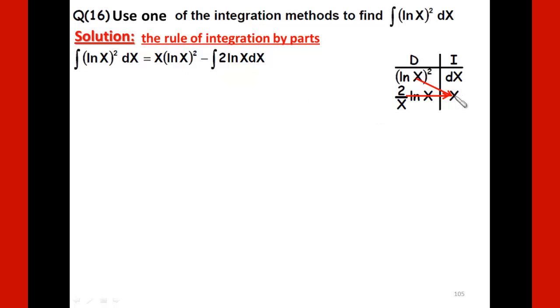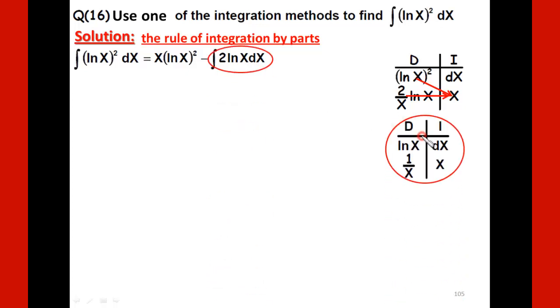We cancel x with x, and we have again a problem in this integration. So we have here a product of two functions, ln x and dx. We divide it here to make a differentiation and integration. We make integration to the easier one, dx.